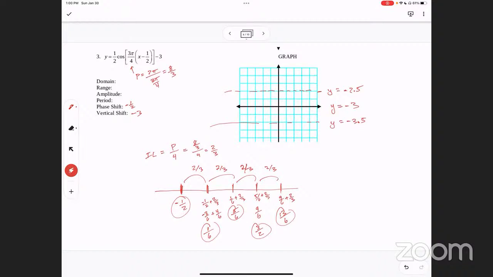That should be the period, which is 8/3, but 10/6 is 5/3. So that's not correct. Can you see what I'm doing wrong? I must be doing some little mathematical piece wrong here.